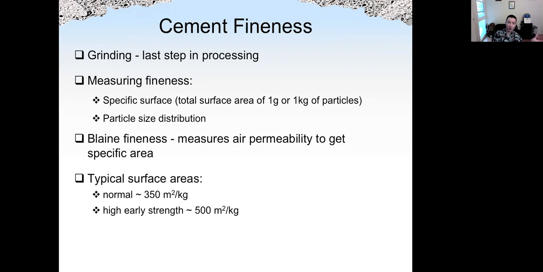We should also measure the particle size distribution, which is the percentage for different particle sizes. Blaine fineness, also called BF, is a measurement of air permeability, which we can translate into the surface area of cement particles. For normal concrete, the requirement is around 350 square meters per kilogram of cement. For Type 3, it is a higher requirement.